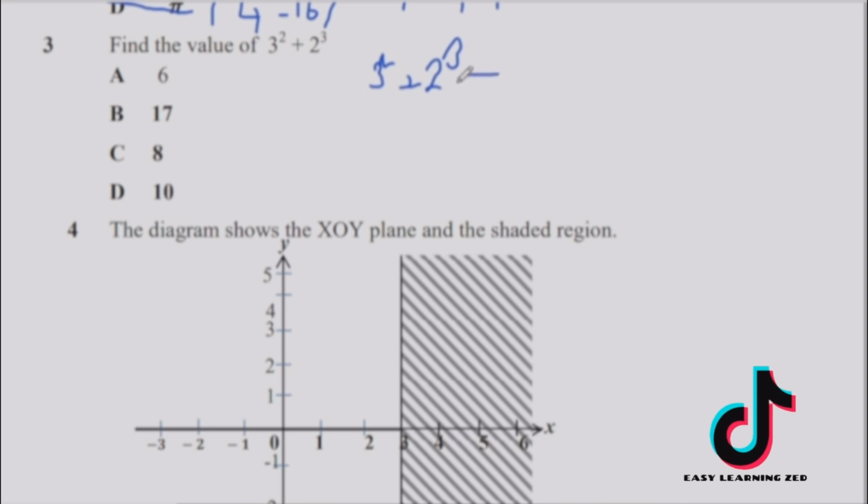Then we expand that, we're going to open bracket and just write 3 times 3. This is the easiest you can do so that you don't confuse yourself. I can still find the value of this without expanding, but you should expand so that you don't confuse yourself.